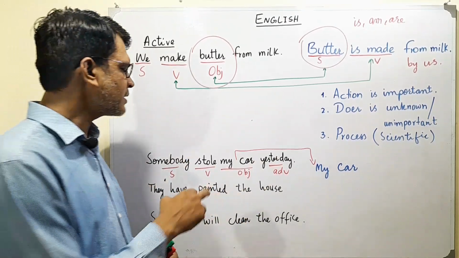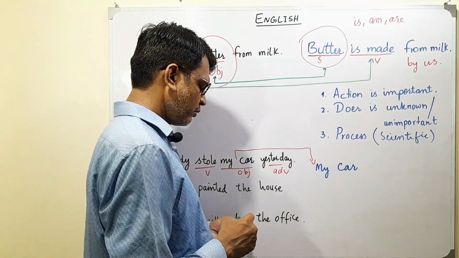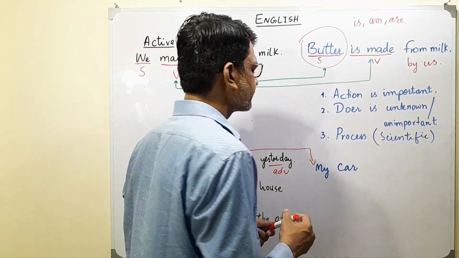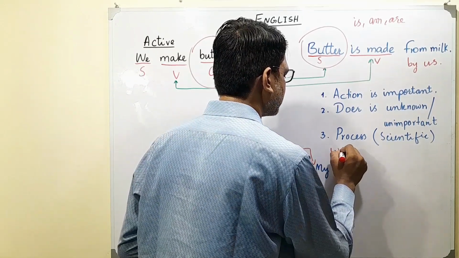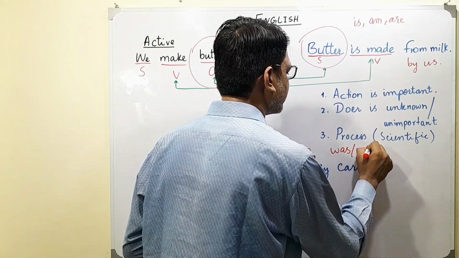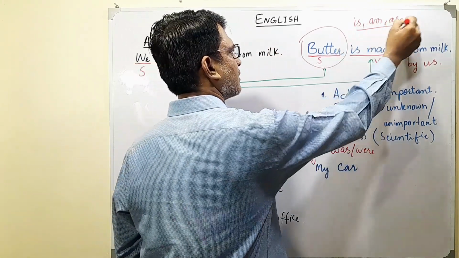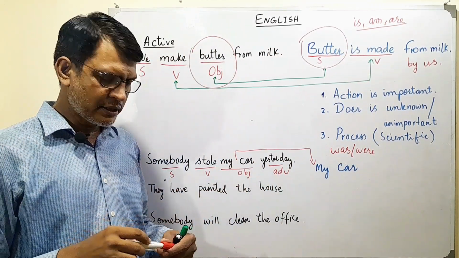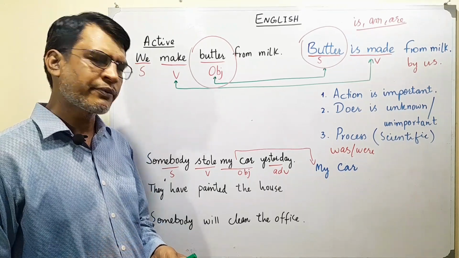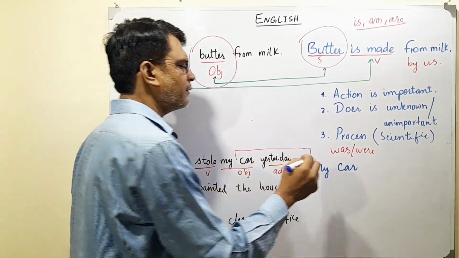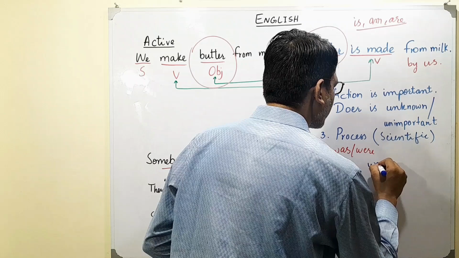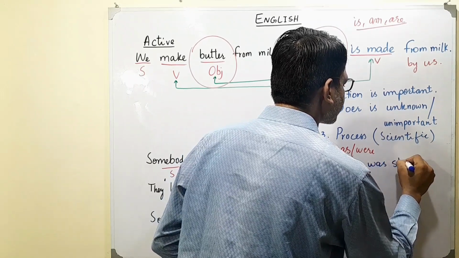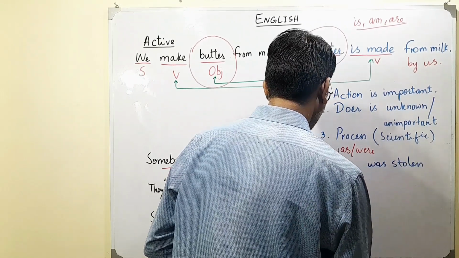And how do we do this? For past tense, we use was or were. Like in present, we use is, am, are. Similarly, in past, we are using was and were. So, my car was stolen yesterday.